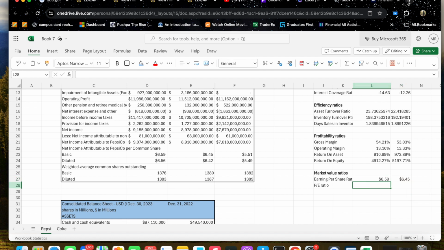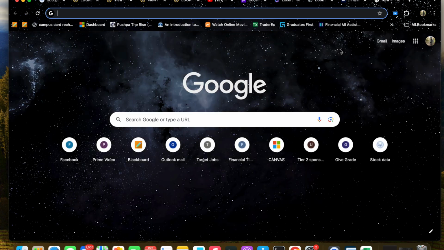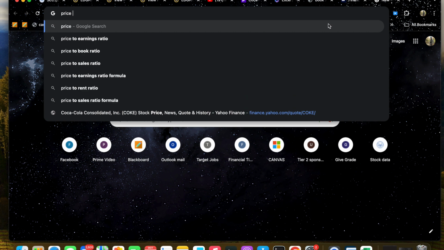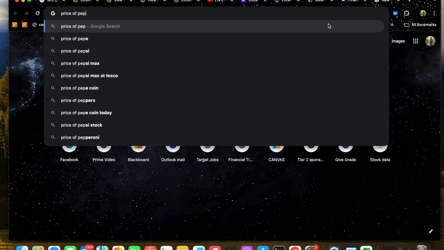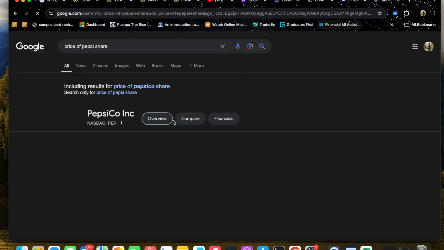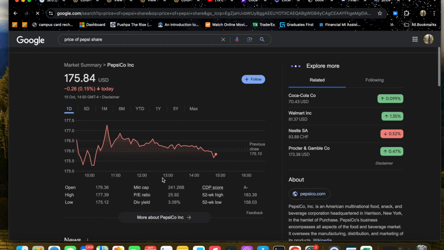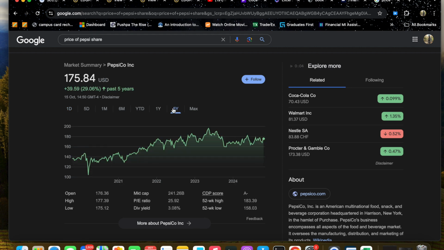Now for the price earnings ratio, we have to get the price at the end of the year 2023 and 2022. So simply search PepsiCo price, and get the price of that date, the end of the year 2023.